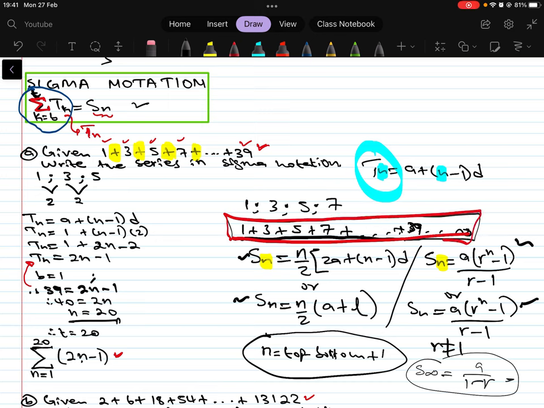Looking at this example, write the series in sigma notation. They give us a series like that. As I've explained, because of the plus signs, we call it a series, not a sequence. Because you are very familiar with a sequence, you can rewrite the first three terms as a sequence and calculate the difference between every two terms.